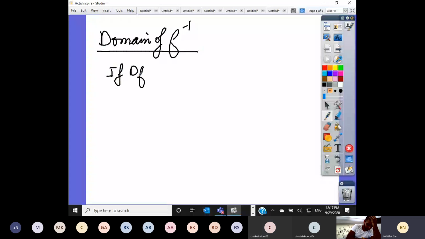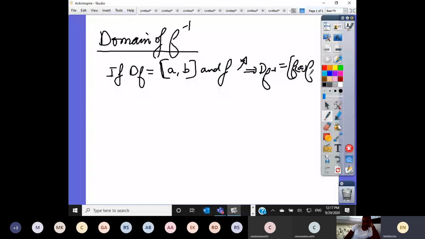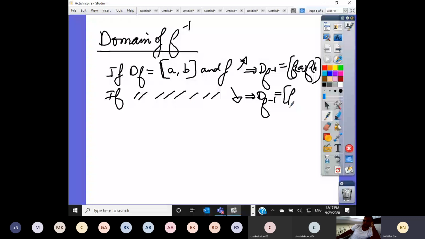If the domain of definition of f is a, b, let's say like this, closed or open, whatever, it works either way, and f is increasing, then the domain of definition of f minus 1 is f of a, f of b. All of these are written in the course I sent you. If f is decreasing, then it is f of b, f of a.